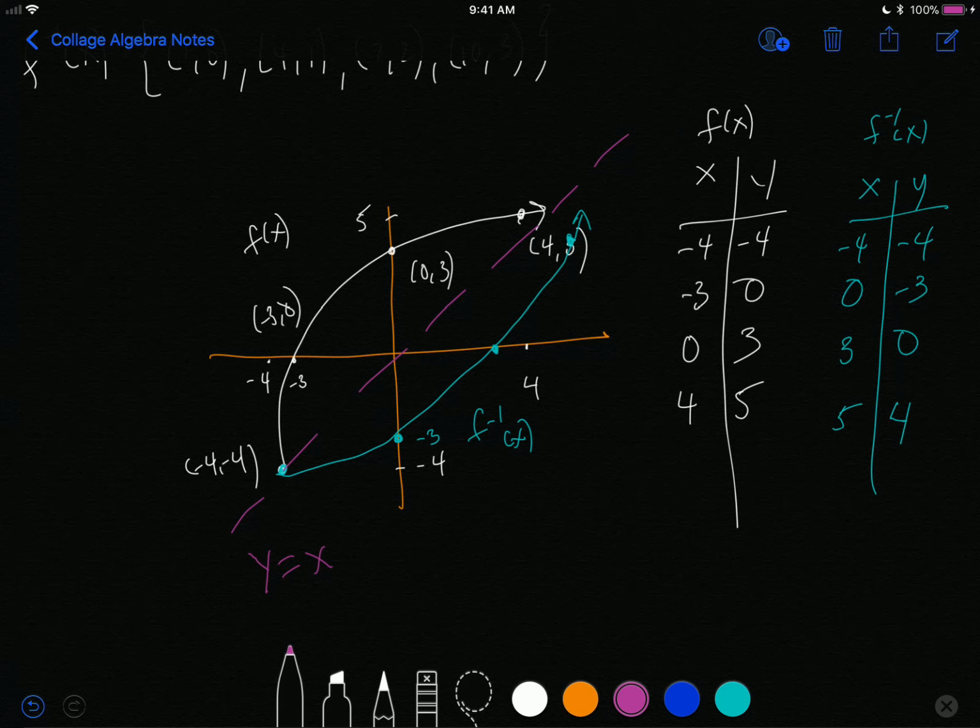Whenever you reflect in the line y equals x, it has the effect of simply switching the x and y coordinates. And so if you want to graph the inverse by eye, all you need to do is just flip the graph over that line, y equals x, and that takes you to the graph of your inverse function.